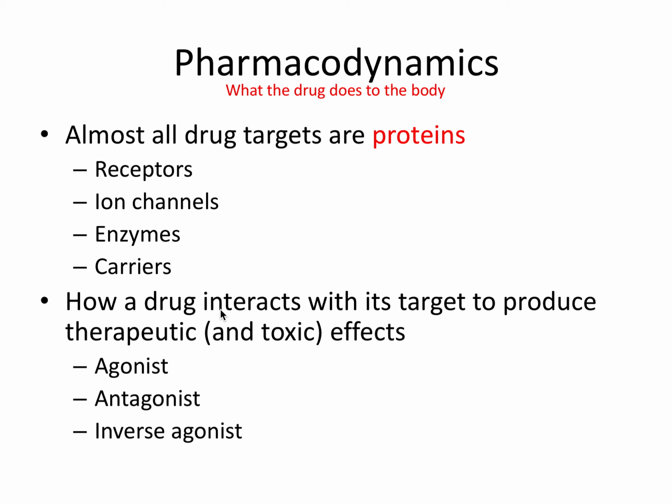And we'll also talk about how drugs can function in terms of their mechanism of action as agonists, antagonists, or inverse agonists. Now, we think often of the therapeutic effects of a drug, like local anesthetics providing numbness, antibiotics to fight bacteria, analgesics to provide pain relief, and that sort of thing. But almost every drug also has some sort of side effects, which can also be toxic. And we'll talk about that later in the video.